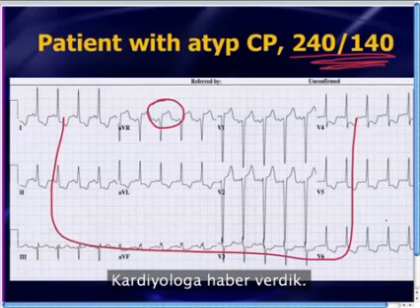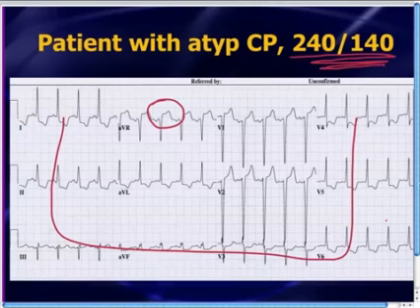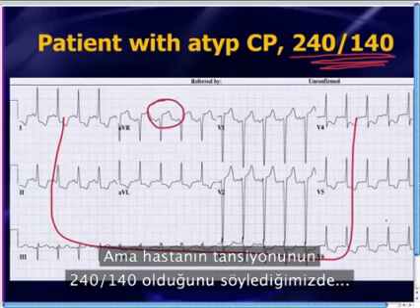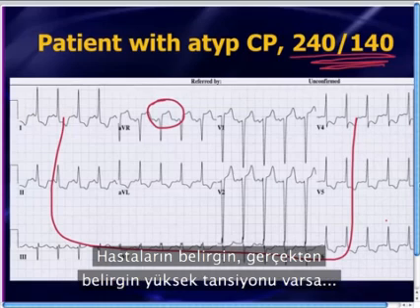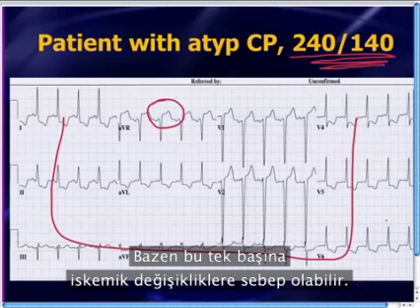We called up the cardiologist and said there's significant elevation in lead aVR. Now, this cardiologist that we spoke to knew about aVR, but when we told him that the patient's blood pressure was 240/140, he taught me something. He said that when a patient has really significantly elevated blood pressure, sometimes that in and of itself can produce ischemic changes.